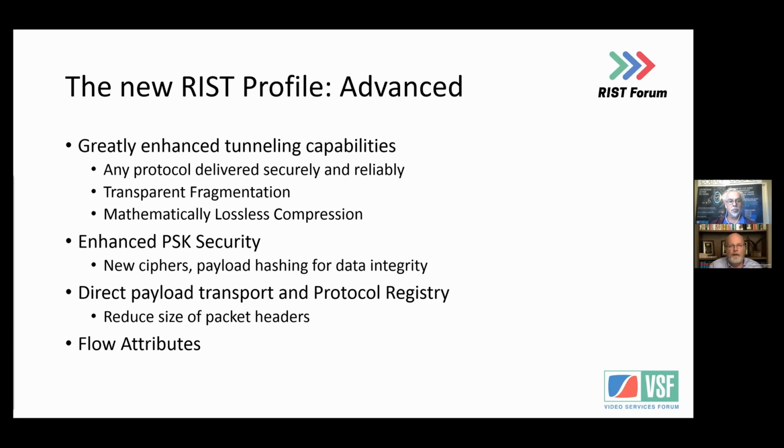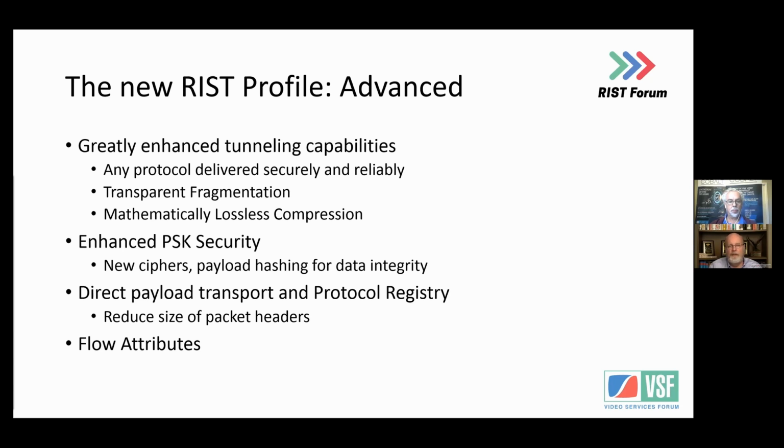And our goal was, which we have achieved, is that you can tunnel literally any protocol through a RIST tunnel securely, meaning with encryption, and reliably, meaning with error correction. So the ARQ function can be implemented literally for any protocol that you can think of that we can push through the RIST tunnel.